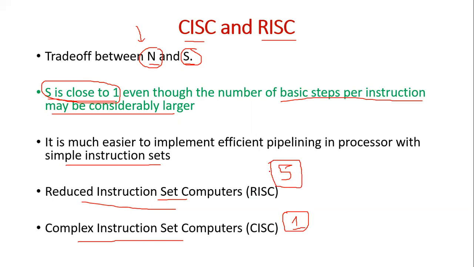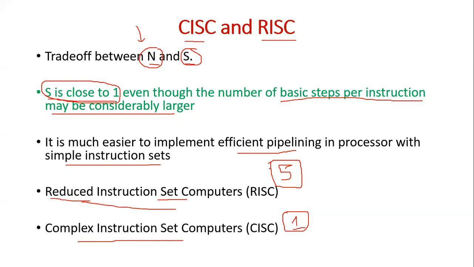You get it? So when compared to CISC and RISC machines, actually RISC with pipelining will produce better results. Okay, it is much easier to implement efficient pipelining in a processor with simple, reduced instructions.